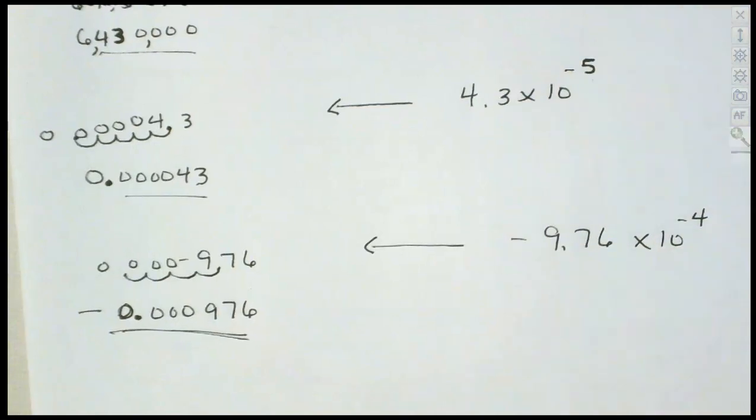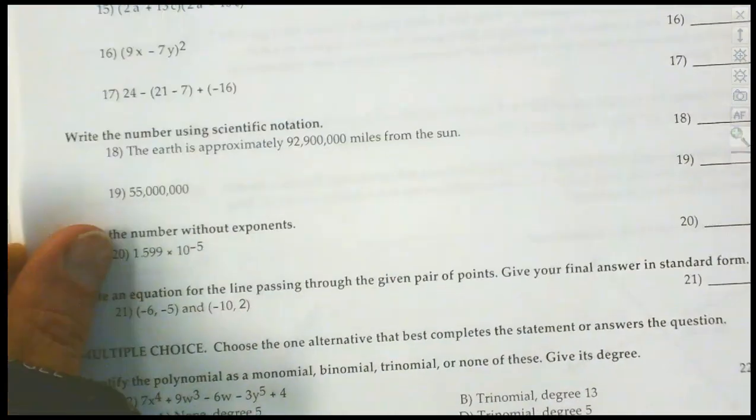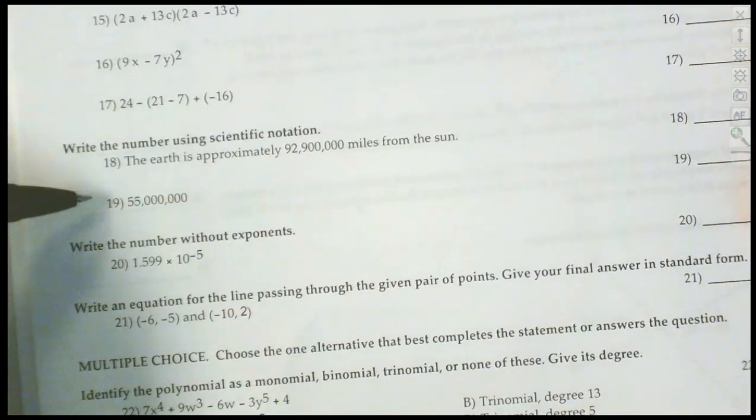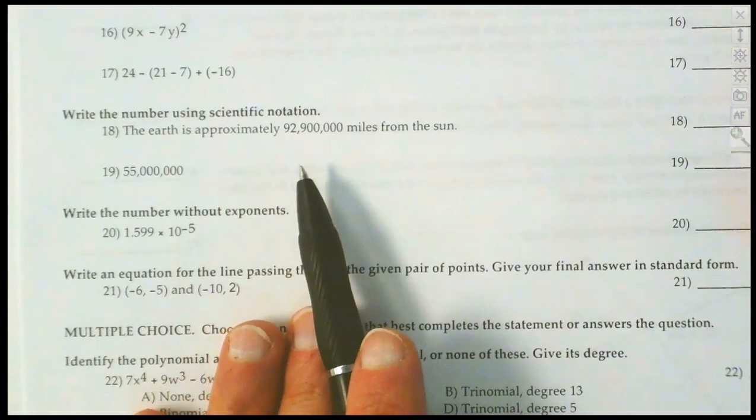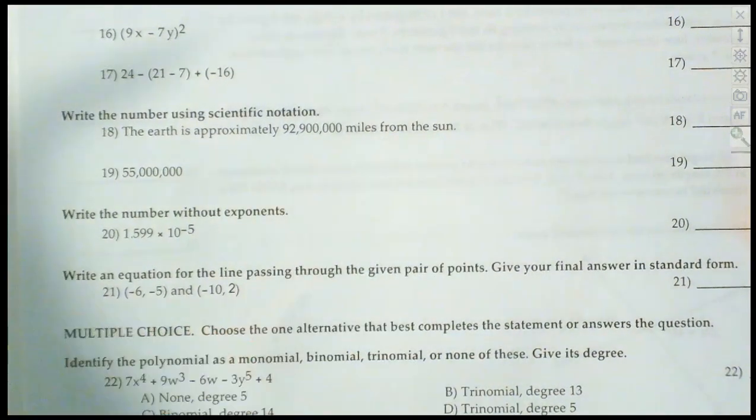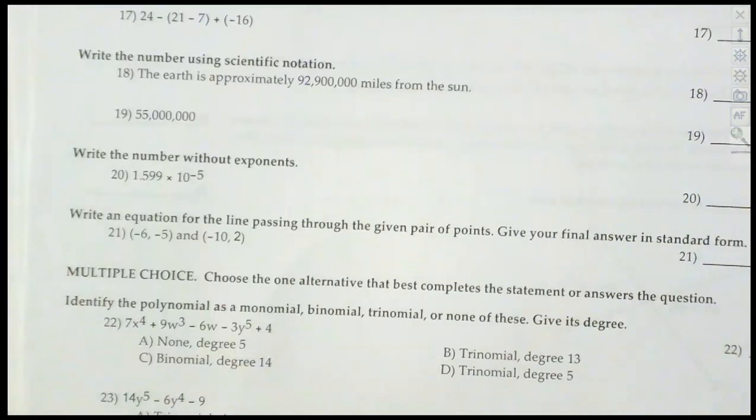And there are several questions that involve scientific notation on your practice final. There's several of them on here. Like, these are questions I don't want you to miss on your exam. You've got 18, 19, and 20. See, these are ones I don't want you to miss. They're easy questions. 18 and 19, you just rewrite them in scientific notation.